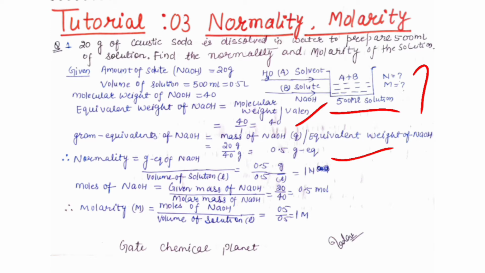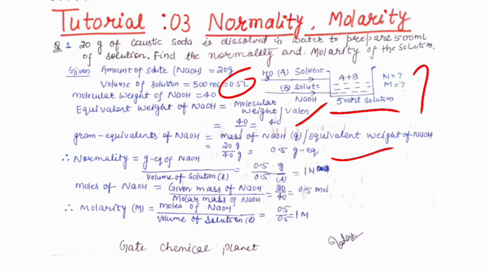As we know, the formula for normality is the gram equivalent of NaOH divided by the volume of solution in liters. We have already converted the volume of solution, 500 ml, into liters, which equals 0.5 liters.